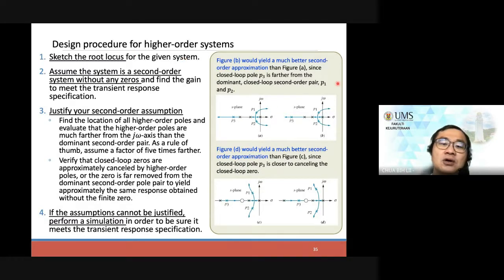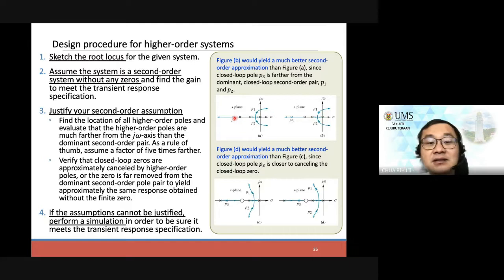So why or how can we say that? From this figure, figure B will have a better second order approximation than figure A, because the closed loop pole P3 is far from the dominant pole, the one that is closer to the origin. So the further it is, the better the approximation. If P3 is closer to the dominant pole, then we may not say it's good.